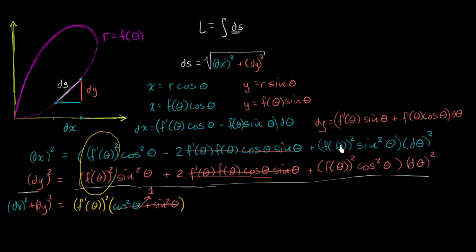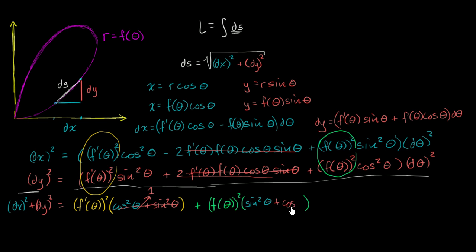And then over here, we can factor out an f of theta squared. So it becomes plus f of theta squared times sine squared theta plus cosine squared theta.